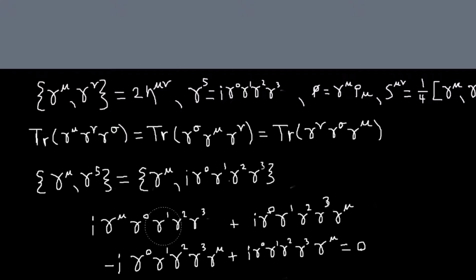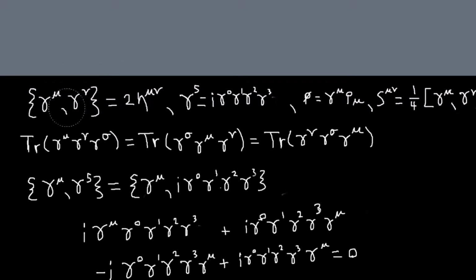Gamma mu is always going to be either 0, 1, 2, or 3. And we know from this relation that if mu is not equal to nu, then this will be 0, so our gamma matrices all anti-commute with each other.